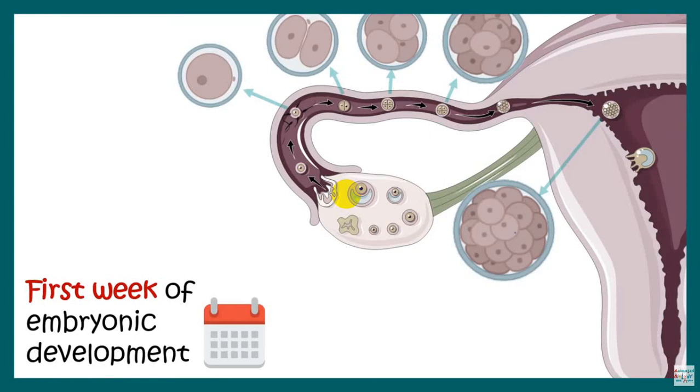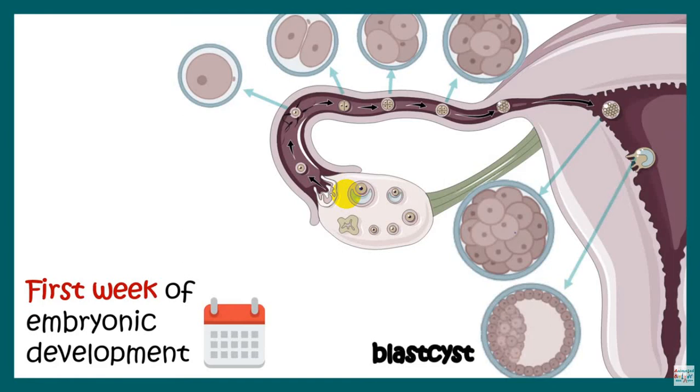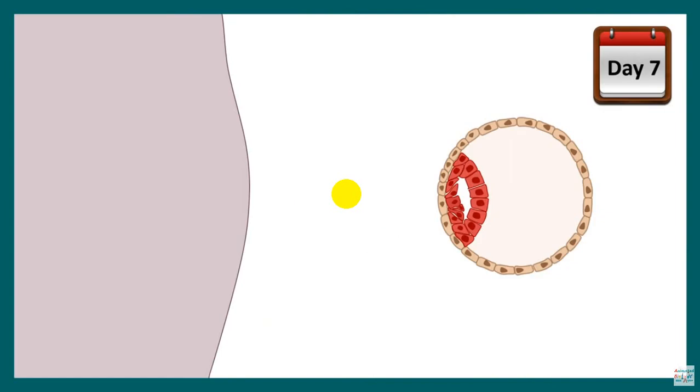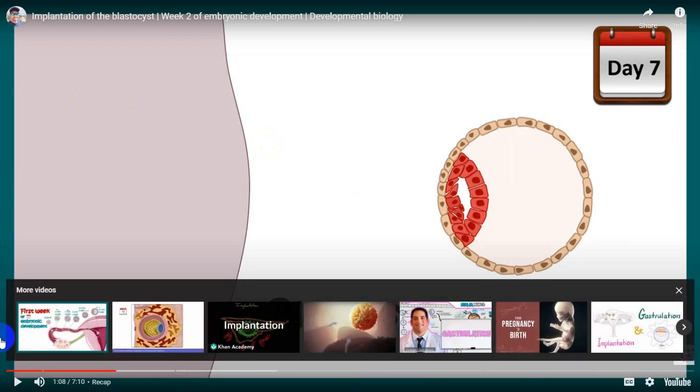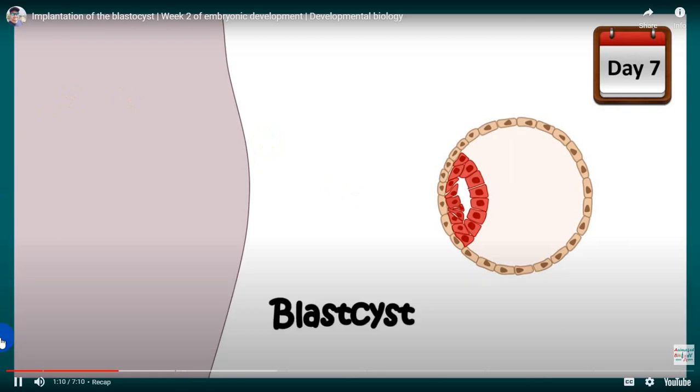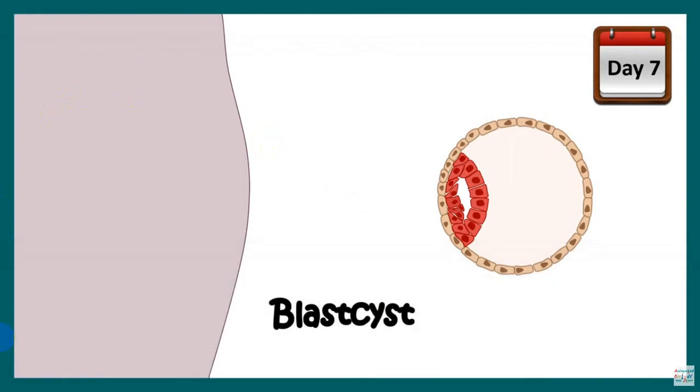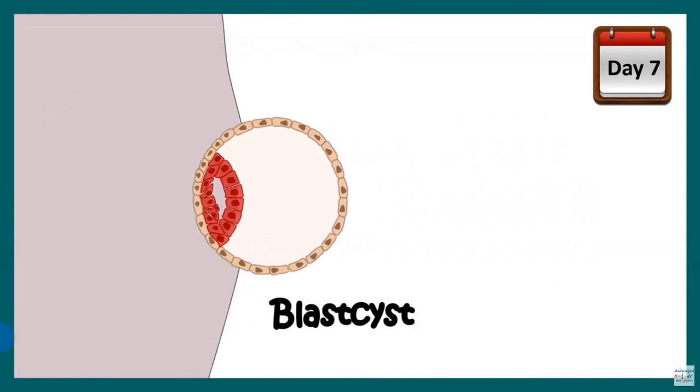Eventually the morula would give rise to the blastocyst, and this would enter the uterine cavity, and ultimately it would attach to the uterine wall.